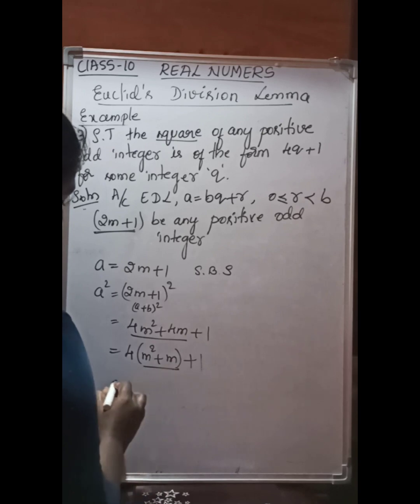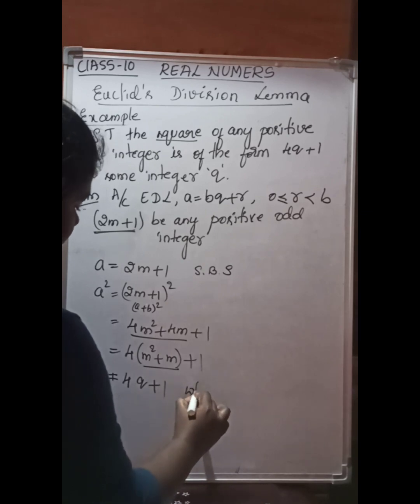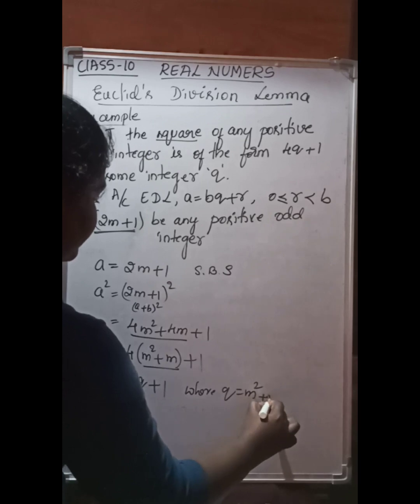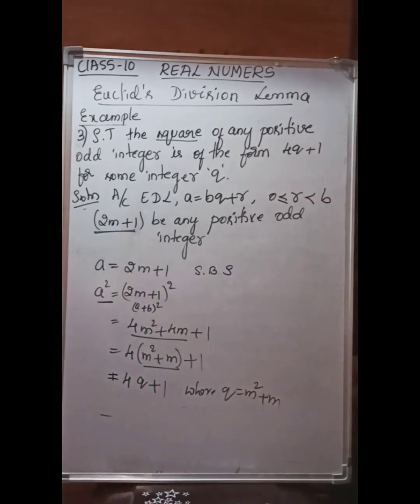Now consider m square plus m as q, where q equals m square plus m. So even after squaring that positive odd integer, it will exist in odd form only. Okay, that we have to prove here.